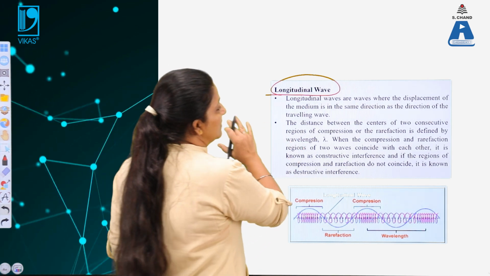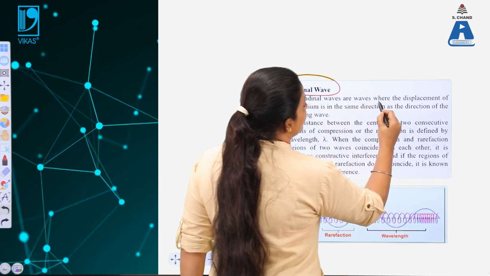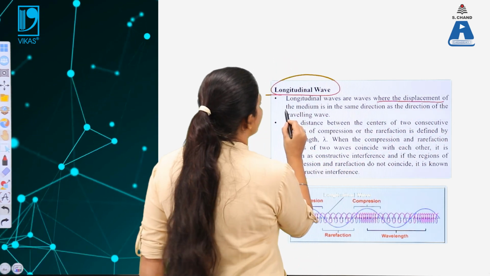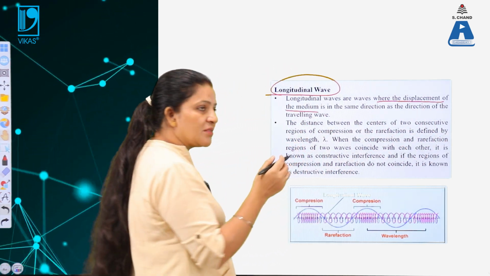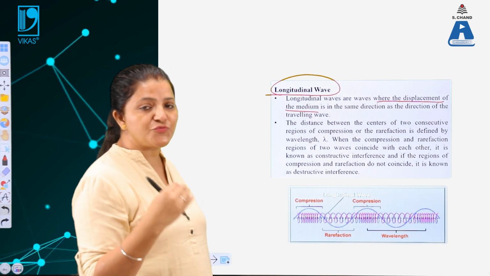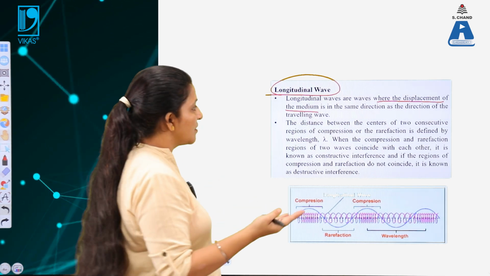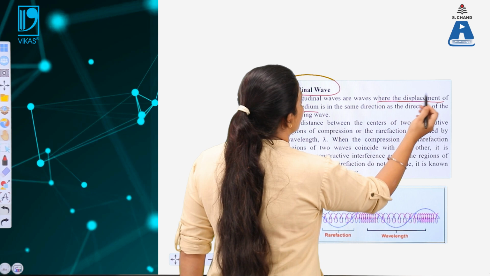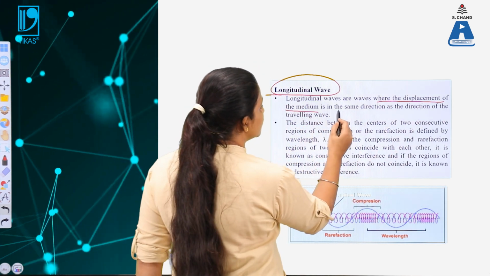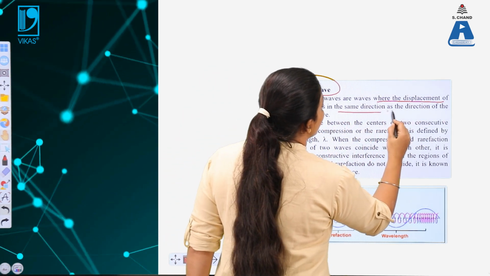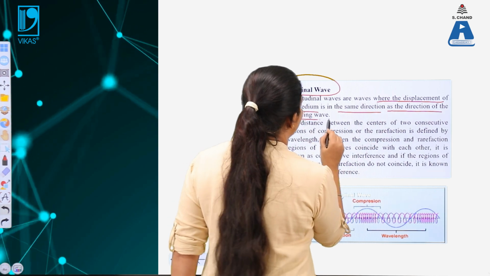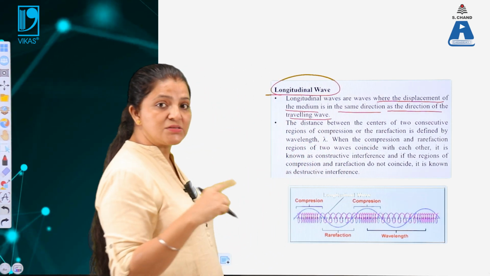So longitudinal waves are the waves where the displacement of the medium, we know that in a medium information is passed from one point to another point, is in the same direction as the direction of the traveling wave. So the direction will be the same.